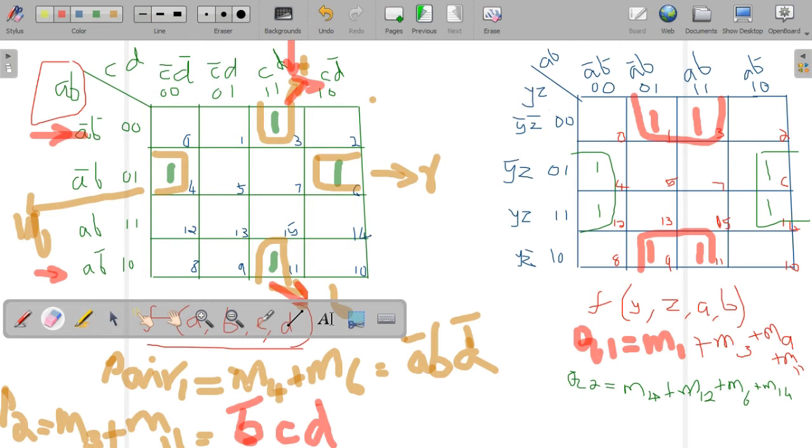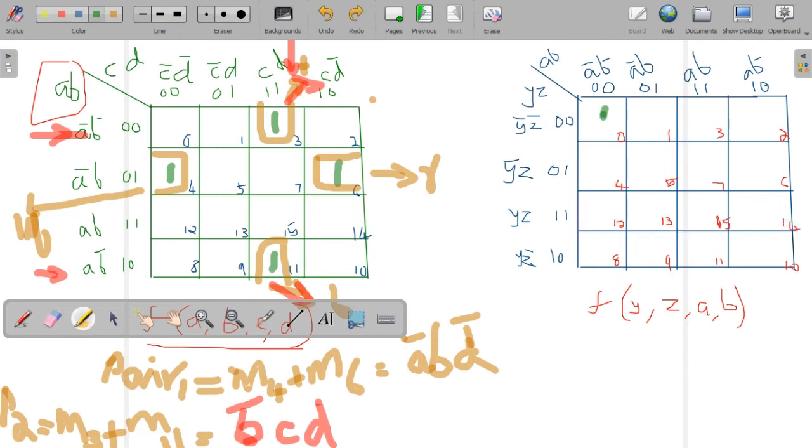In the case of chords, one more case is there. How can we do it? Okay, just imagine this one. In this K-map, some values are filled like this: 1, 1, 1, 1.